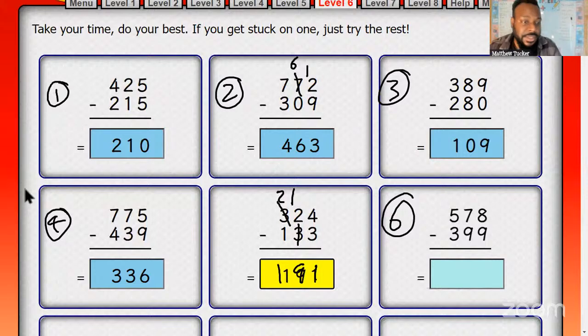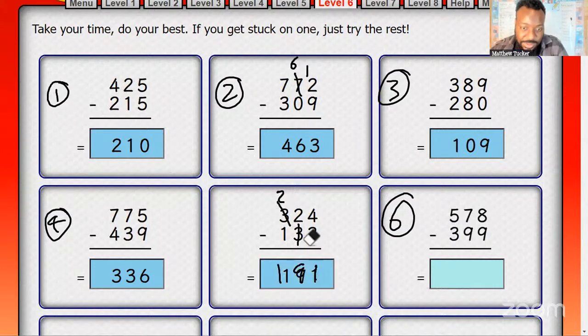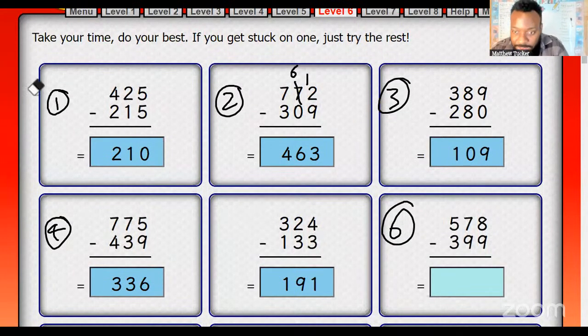We're going to clear this, clear this, clear this. And then 9 take away from 8. 9 is bigger than 8, so we can't do it. So we're going to have to borrow. That's going to be 18, leaving 6 behind. And double 9 is 18, so we know we're going to have 9 left over. Oh, look, we have to borrow again.